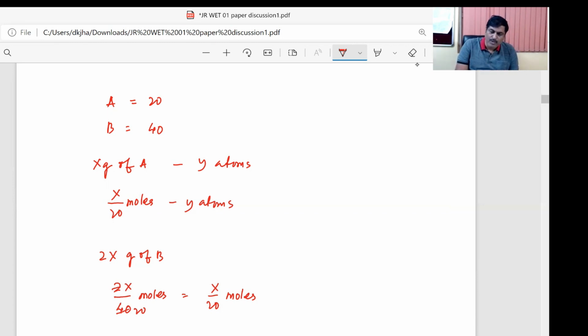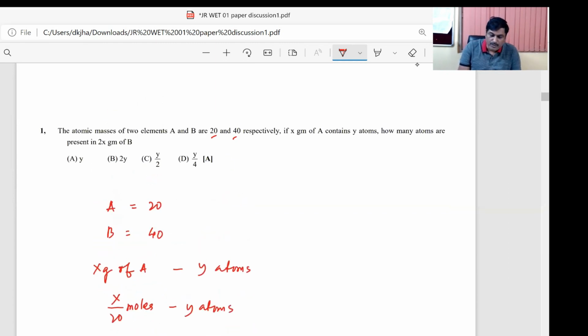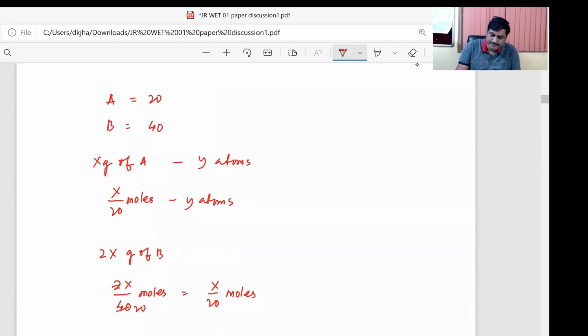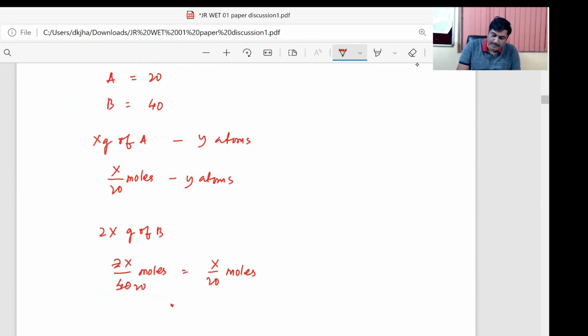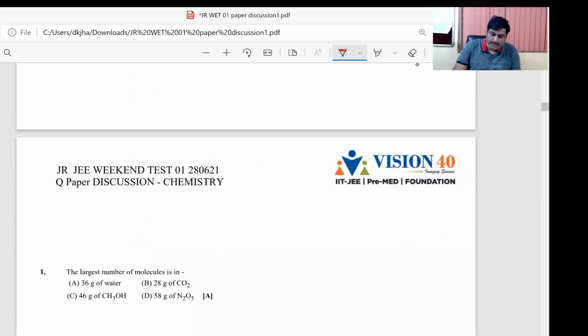That's why when the moles are the same, the number of atoms will be the same. So X by 20 moles contain Y atoms, and here also we are getting X by 20, so that will also contain Y atoms only. Yes, this is the answer. Good. Move to the next question.